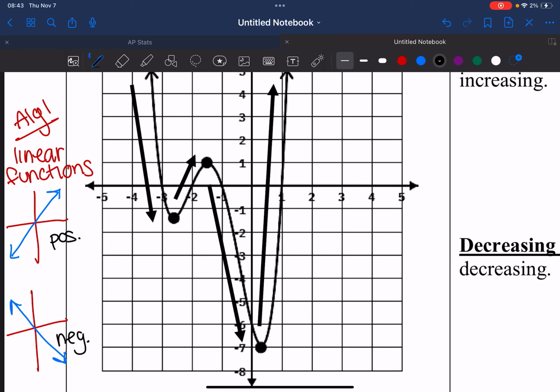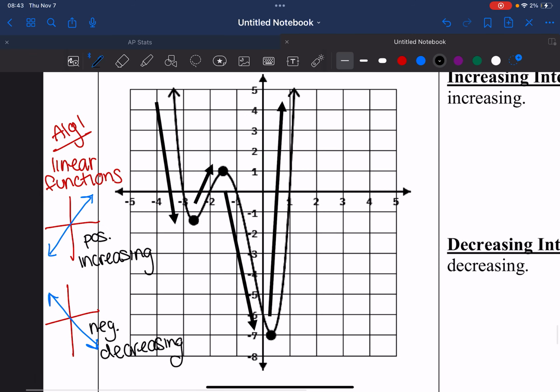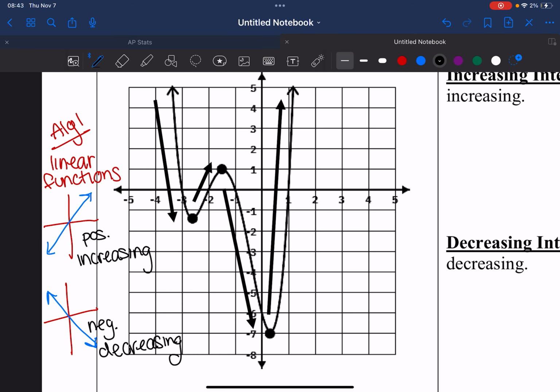I want you to think in regards to the same thing, but instead of saying positive, say increasing. Instead of saying negative, say decreasing. In order to determine which of these intervals are increasing or decreasing, we have to first separate them into intervals.